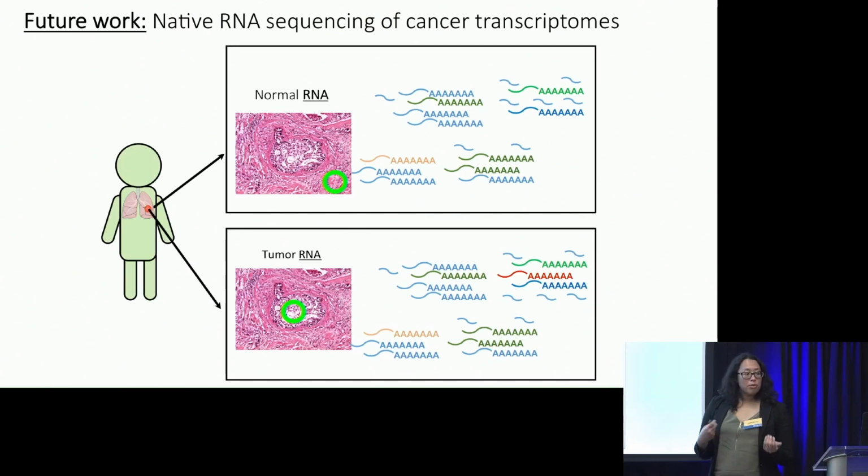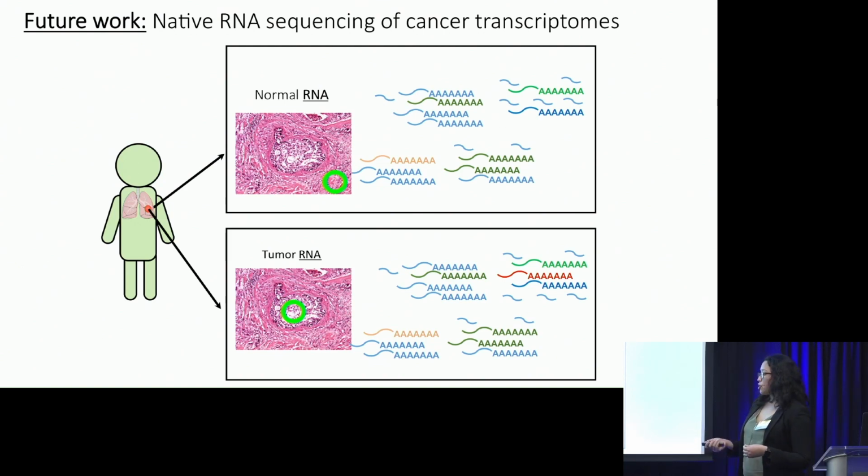So that was just some preliminary work. This was done in a human cell line. But a lot of our future work that we're interested in moving forward in the lab is to actually do this native RNA sequencing directly in primary cancer samples. And again, the reason is we already know that cancer cells will alter the transcriptome either through gene expression, splicing. It's known to also affect the way RNAs get modified.